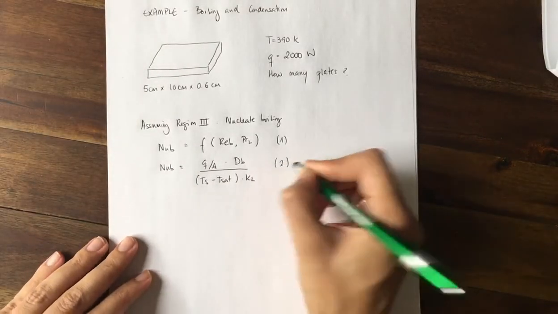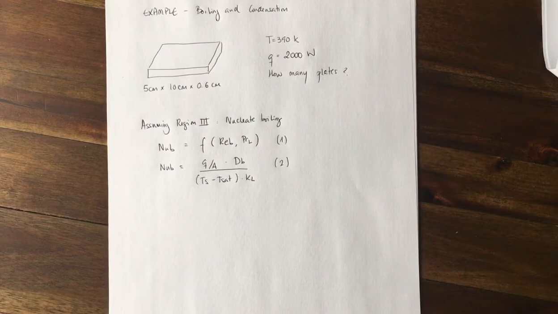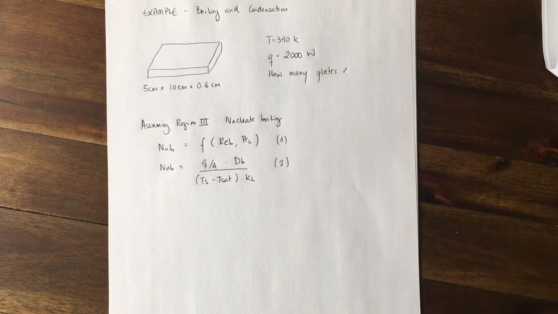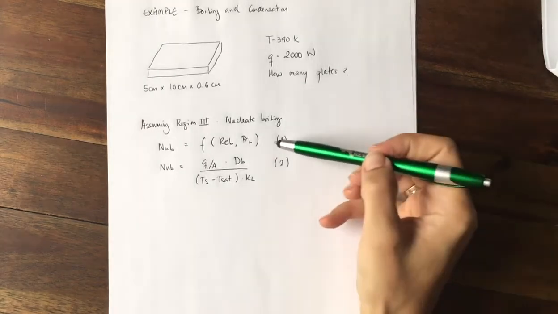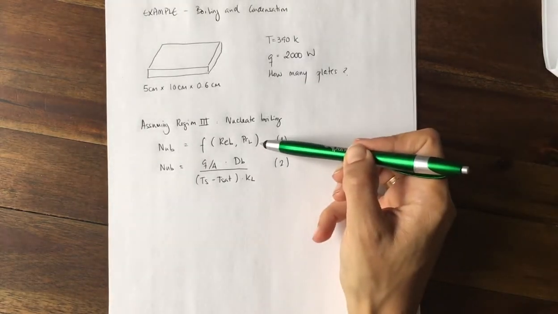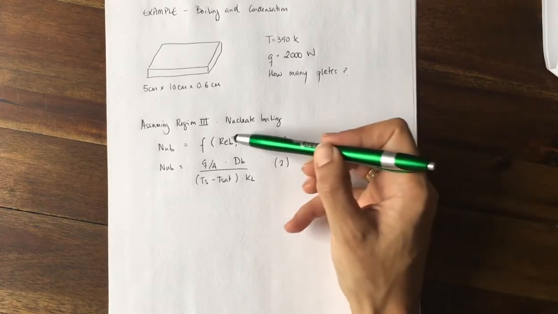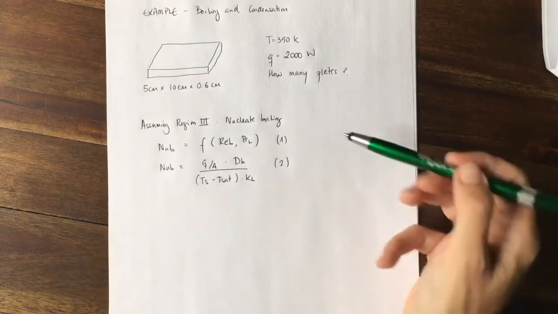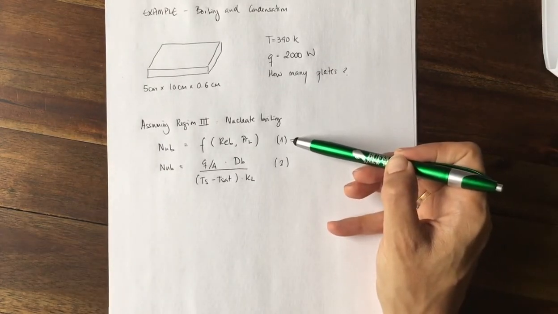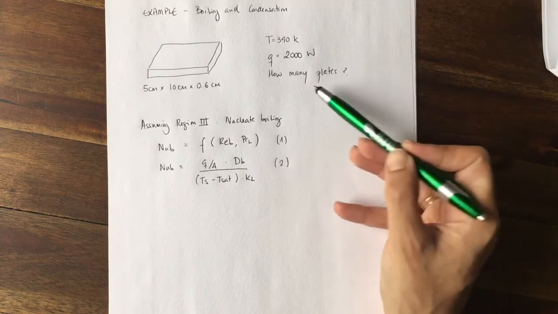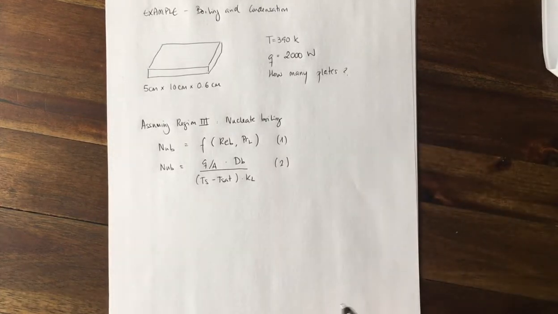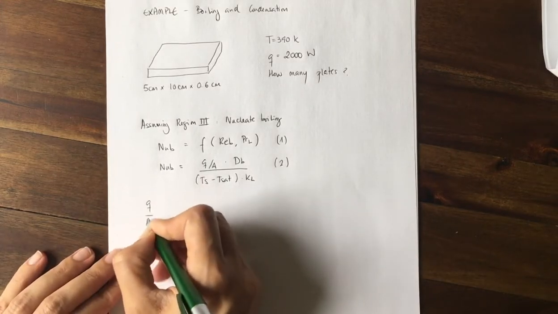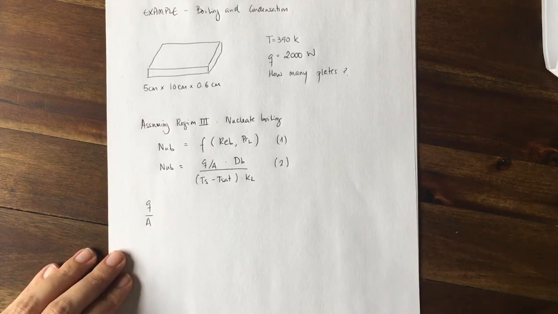And this is equation number 2. So let's calculate equation number 2 because we have the data that we need. And we can also use some of the empirical equations based on the Reynolds and the Prandtl number to calculate this Nusselt number, and then we can combine equation 1 and equation 2 to calculate how many plates we need. So let's begin with the determination of the heat transfer per area.